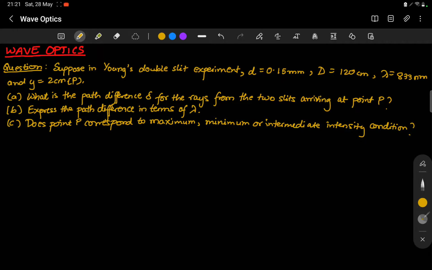So before starting to solve the question, let us first draw the diagram for the setup of Young's double slit experiment.